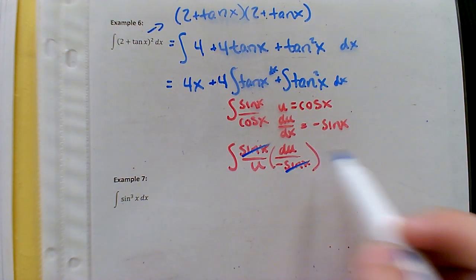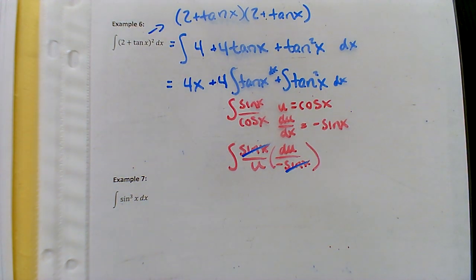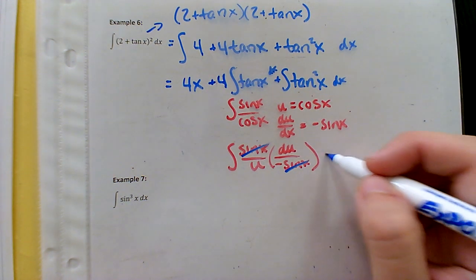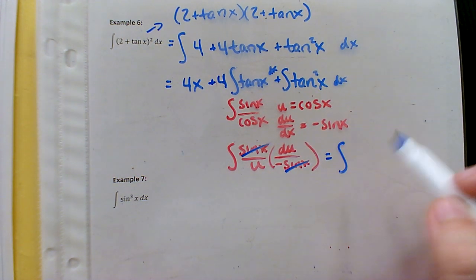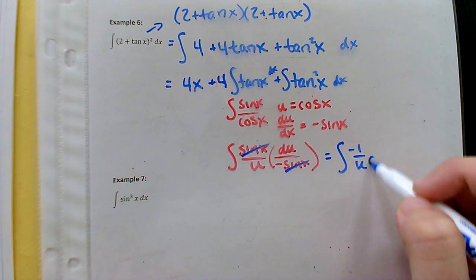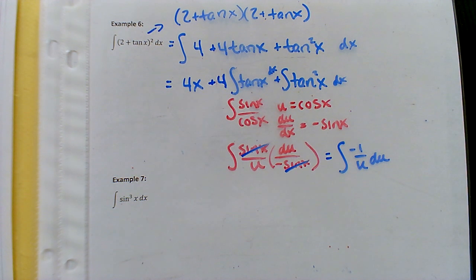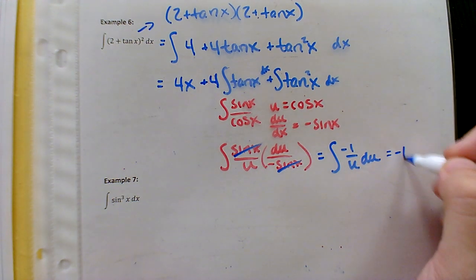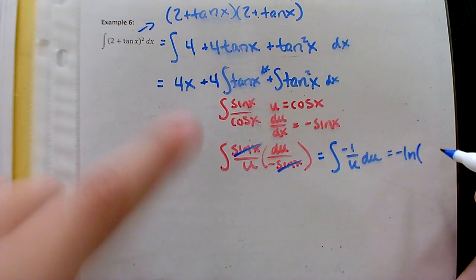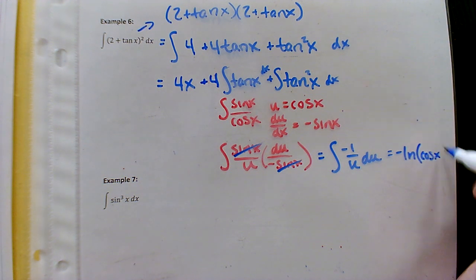Notice how the signs will cancel, which is perfect. So we're left with the integral of negative 1 over u du. Can we work backwards from negative 1 over u? All right, negative natural log of u, and then we'll replace the u with the cosine of x.